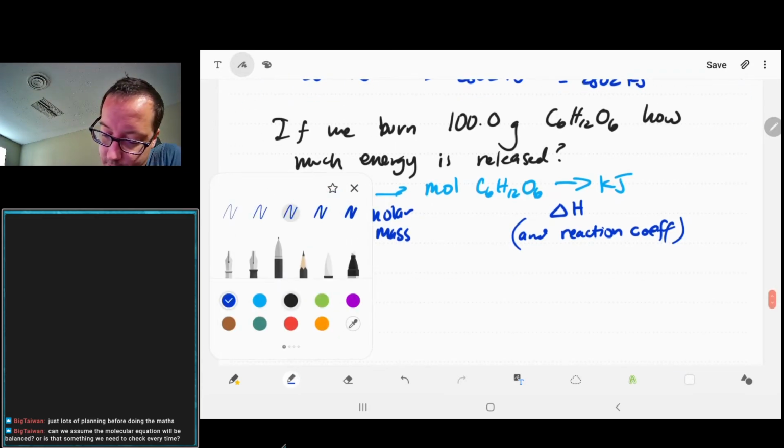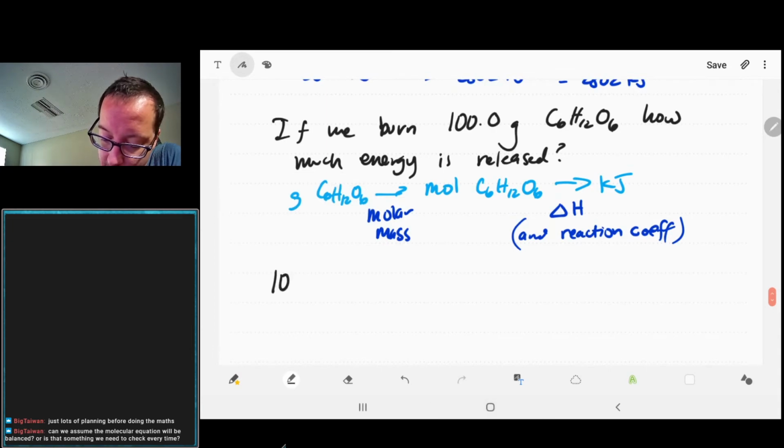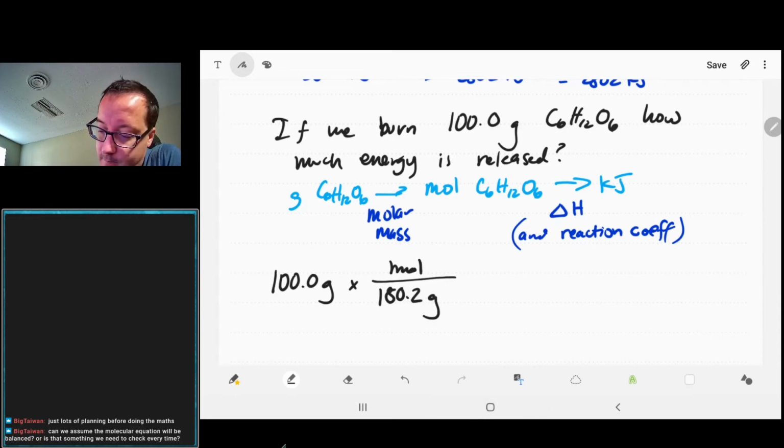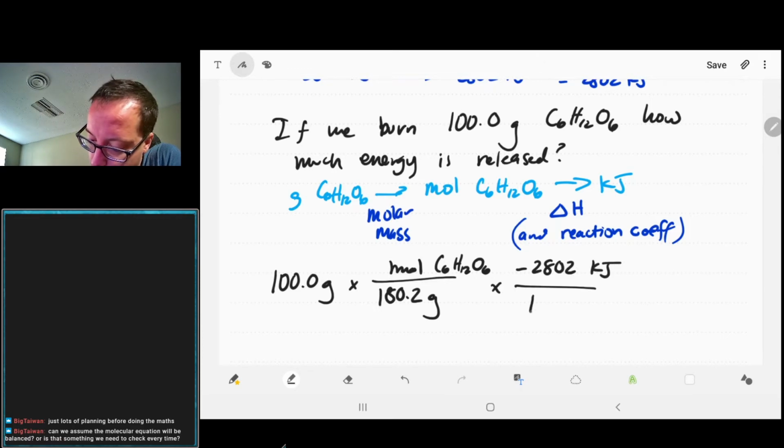So here we go. 100 grams. Molar mass of glucose is 180.2. Our reaction coefficient here is 1.